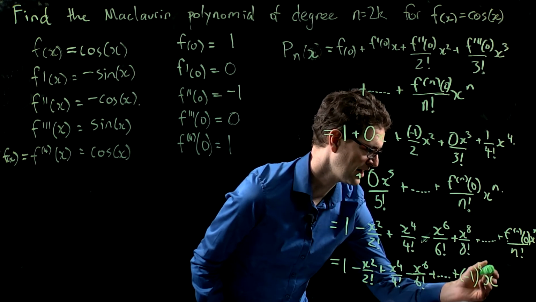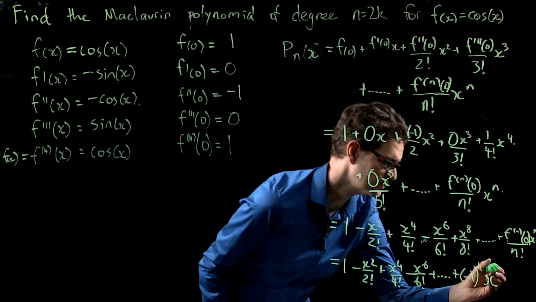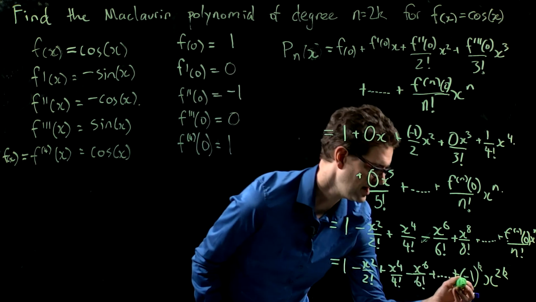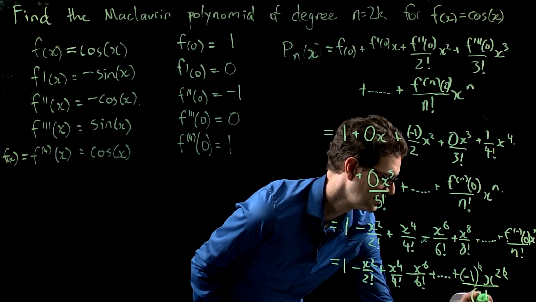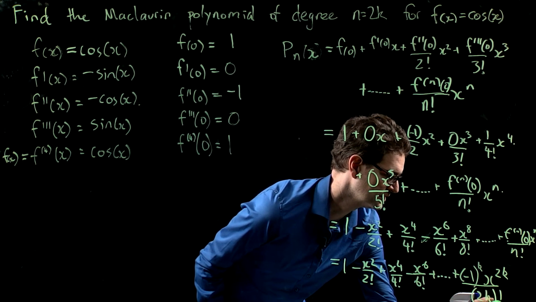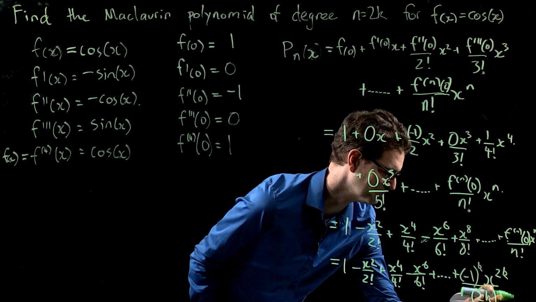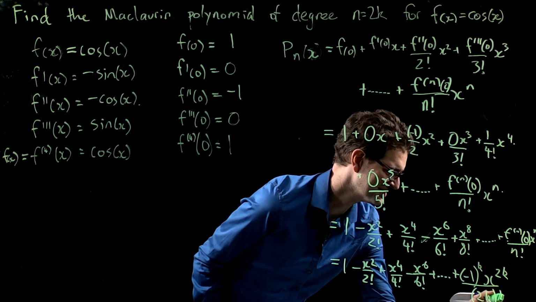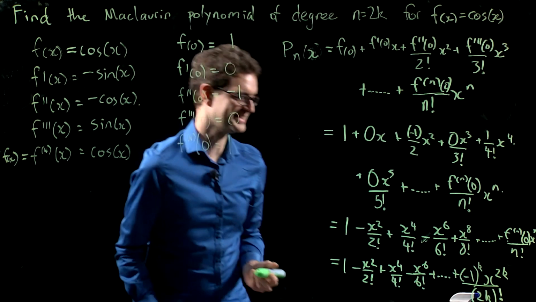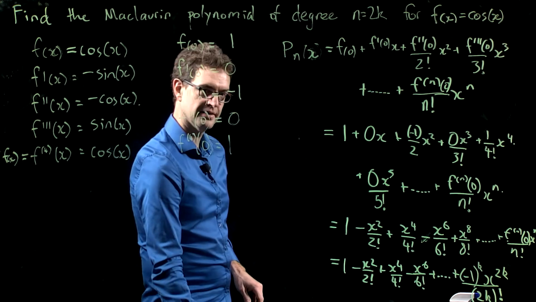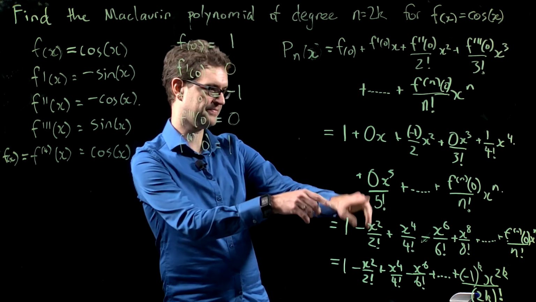I get x to the power of n, and I've said that n is equal to 2k. So this is x to the 2k divided by n factorial, which is 2k factorial. So my exclamation point has dropped off the bottom of the slide there a little bit, but that's the idea. So this is a whole game of pattern matching, of finding patterns actually.